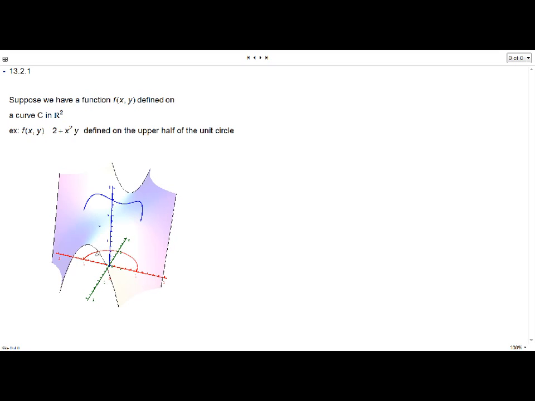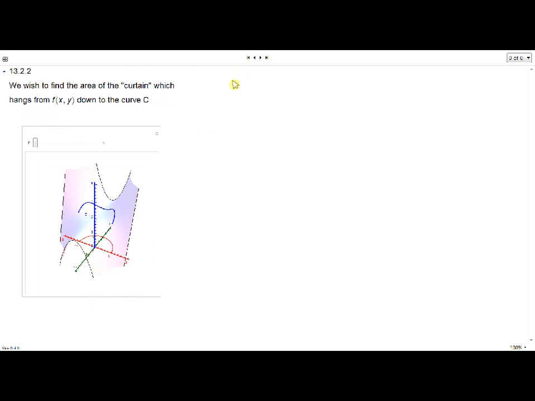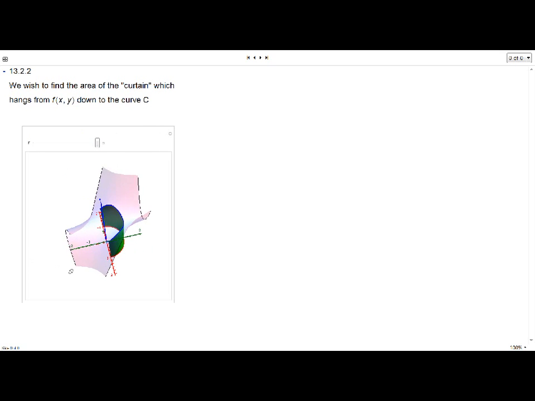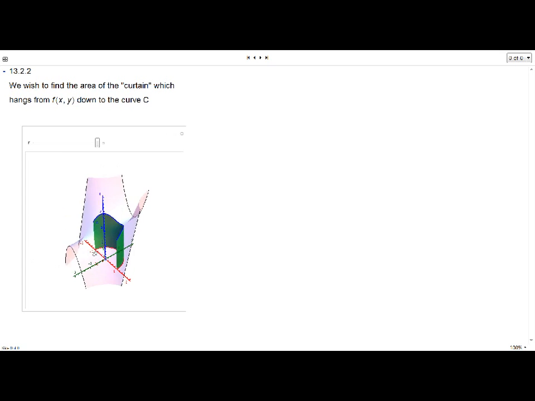If we map just those points up into the function, we get that blue path on the surface, right? We wish to find the area if we drop like a curtain coming down from that curve down to the ground, like that. We want to find that area.